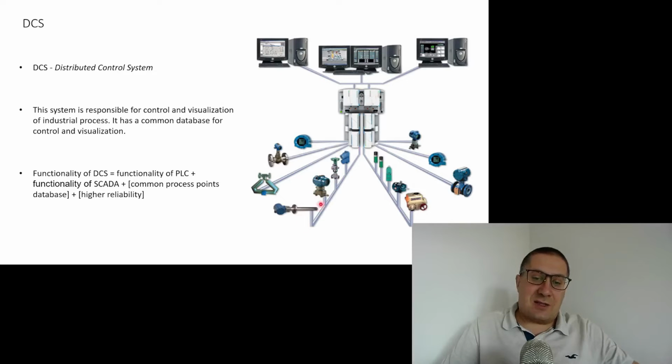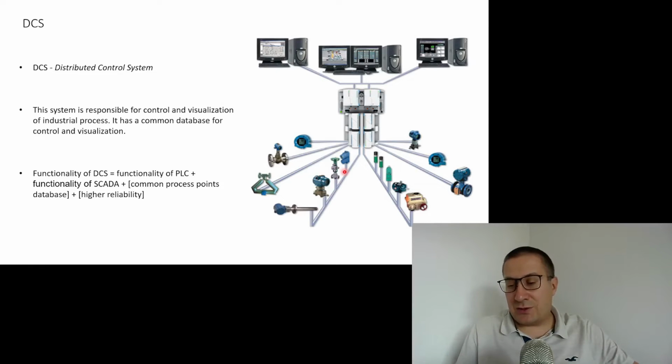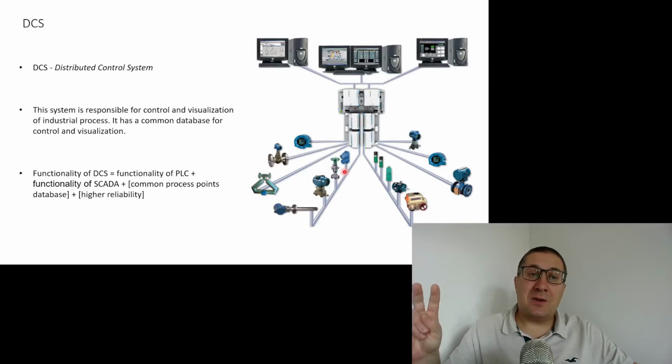Crucial sensors are redundant, right? Crucial process parameters are measured using, let's say, 3 sensors. If one of them is out of service, still we can rely on the 2 others.